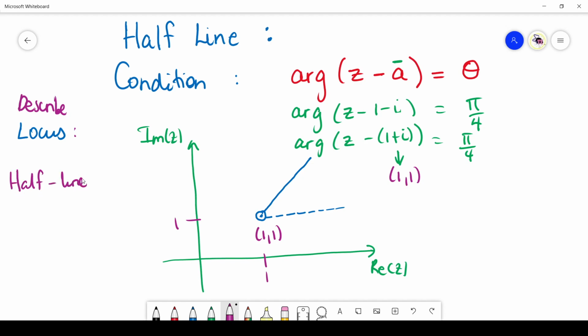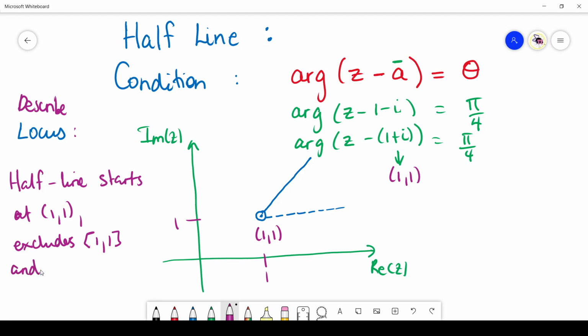It starts at the point 1, 1, but it excludes the point 1, 1. Make sure you mention that.